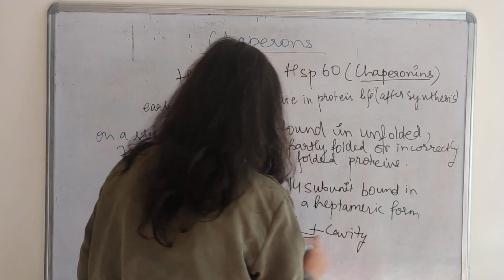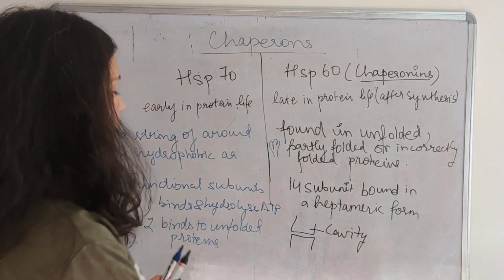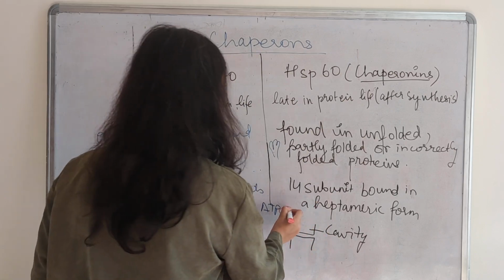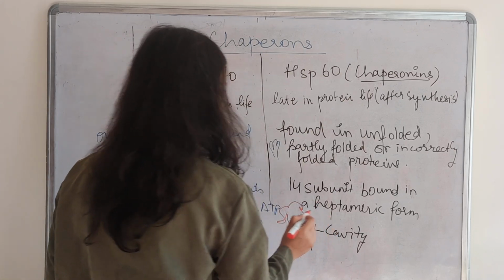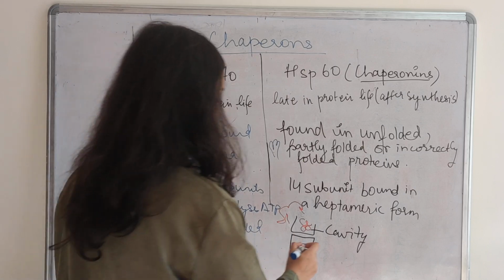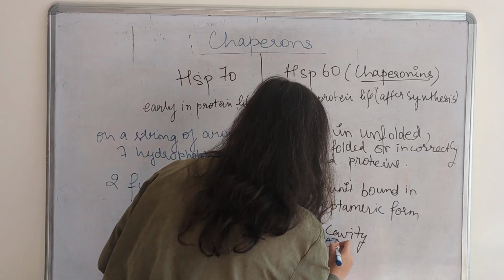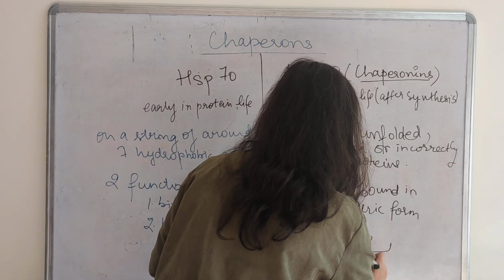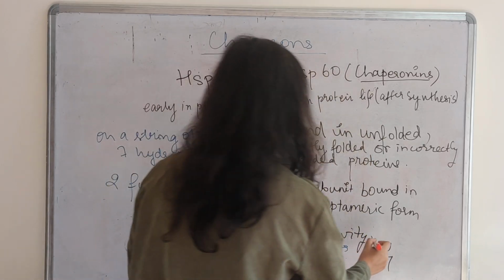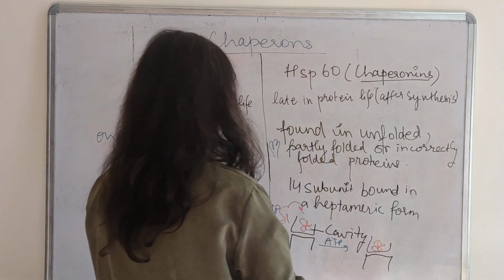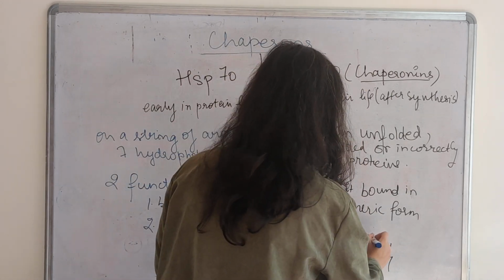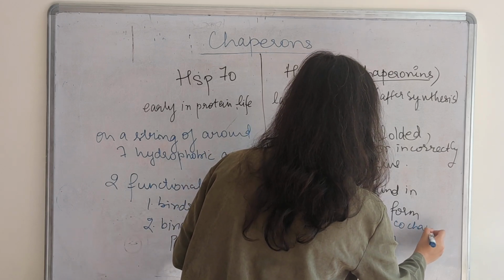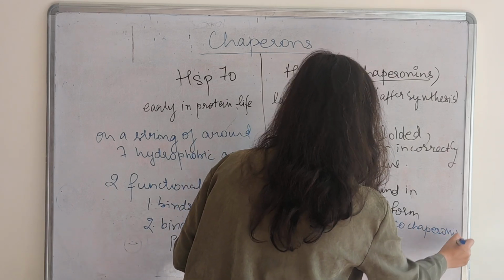And what happens in this cavity? In this cavity, the unfolded protein goes, and then ATP joins. There is a thing called a co-chaperonin present.